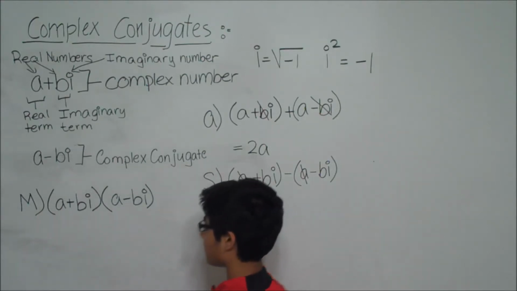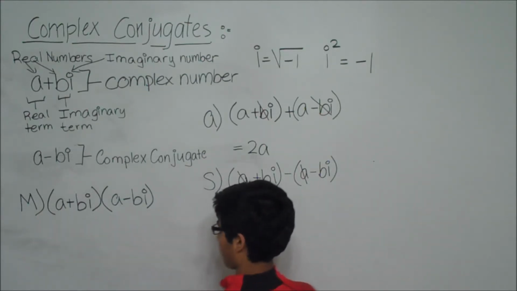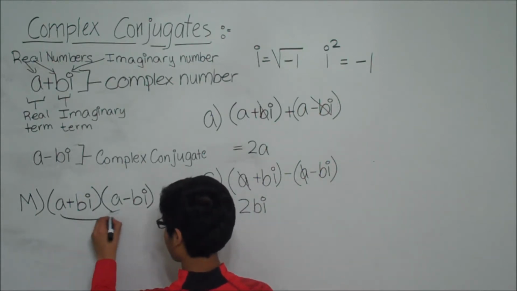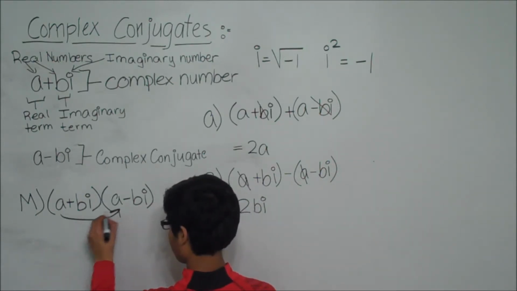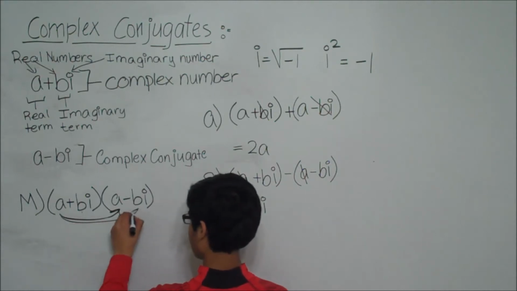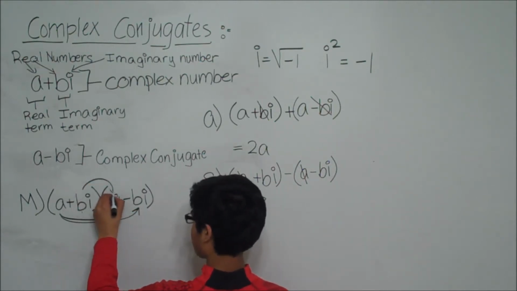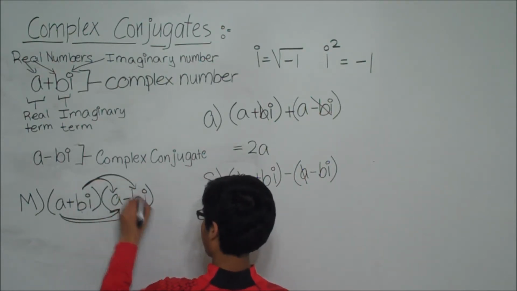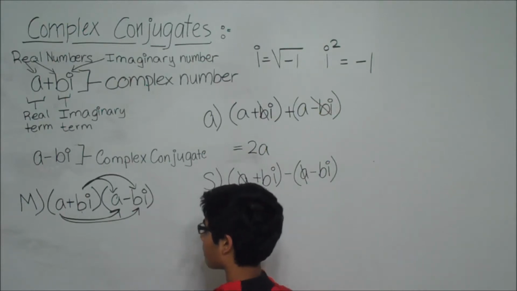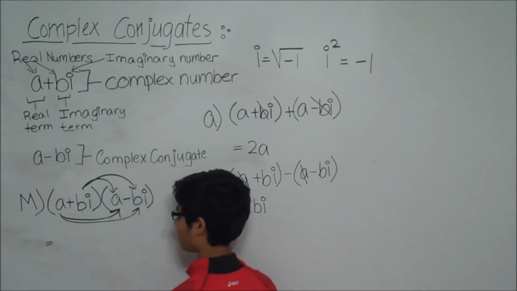To solve this, we have to use the FOIL method. We multiply the first terms, the outside terms, the inside terms, and the last terms.